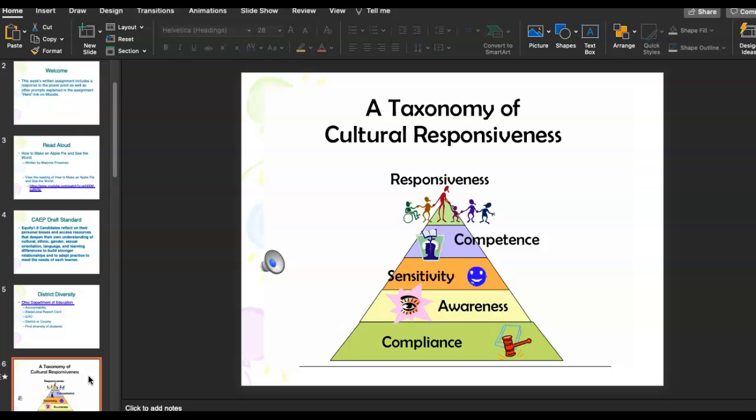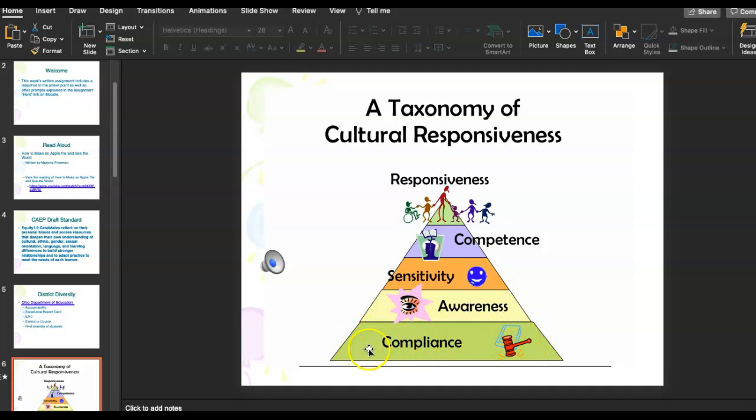They work collaboratively with families to gain a holistic perspective on children's strengths and needs and how to motivate their learning. This leads us into a taxonomy of cultural responsiveness.